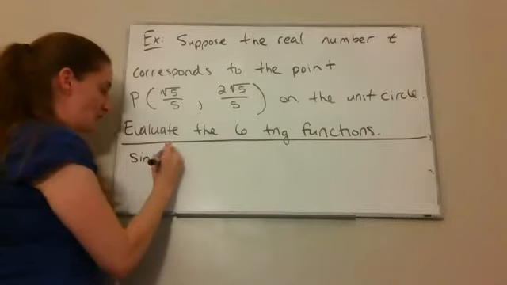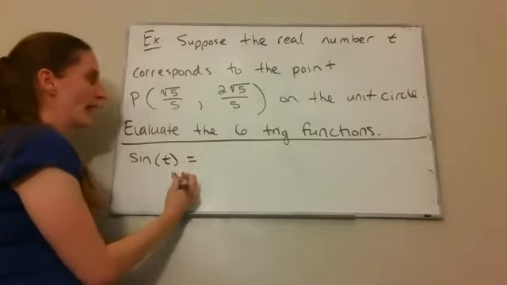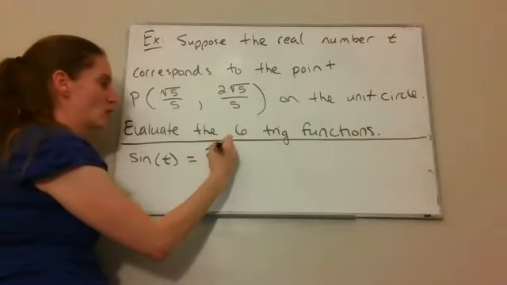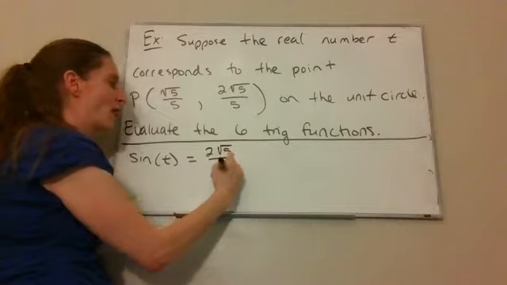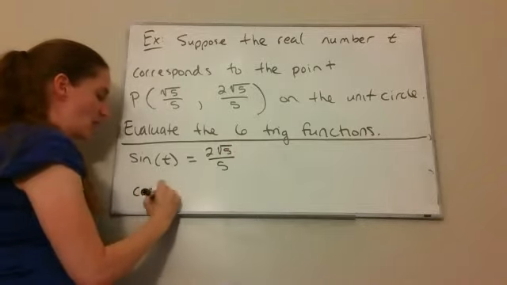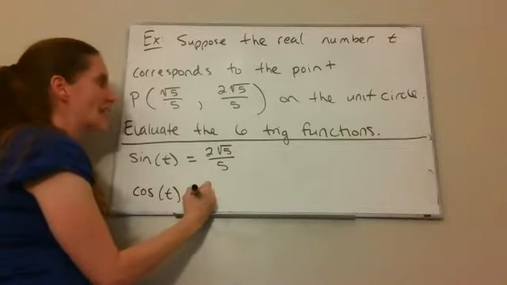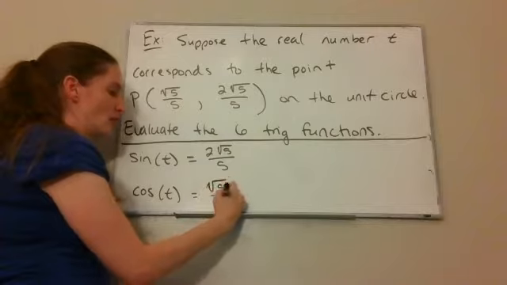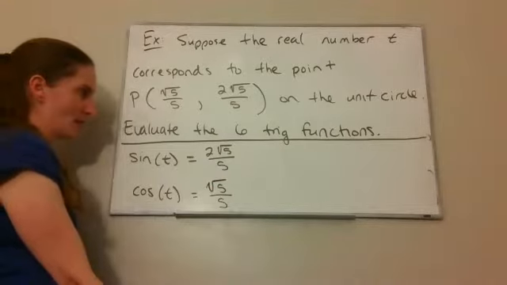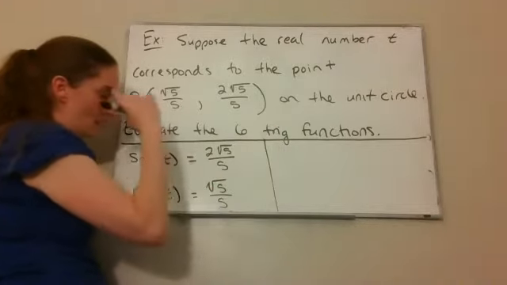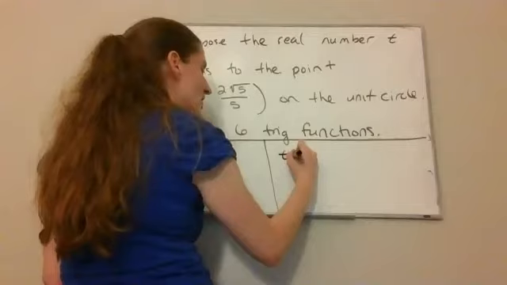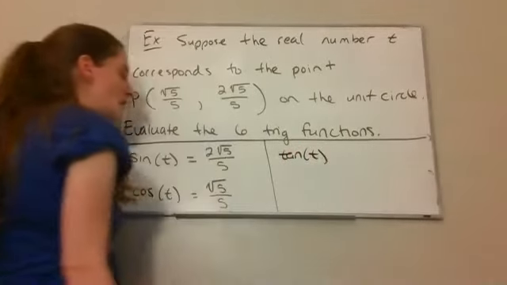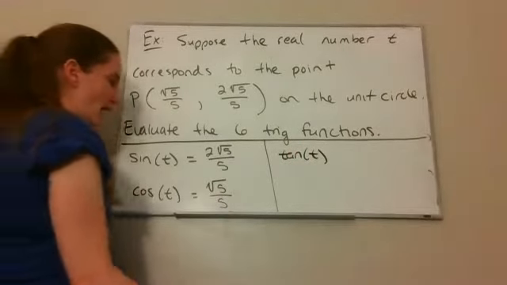I know that sine of t is going to be my y value, which is 2 square root 5 over 5. And cosine t is going to be x. Well, that's square root 5 over 5. Tangent is going to be my y over my x.